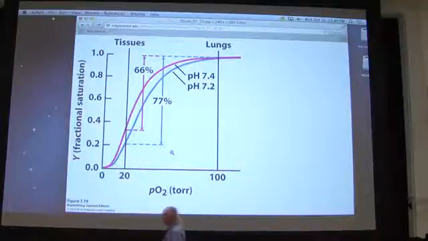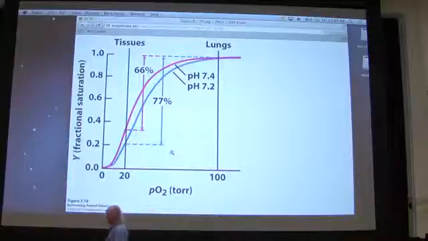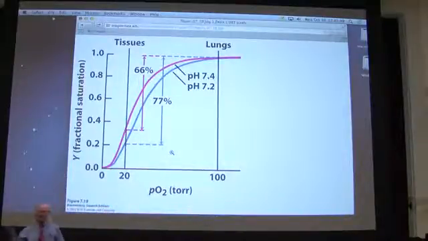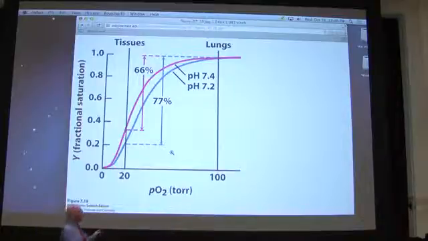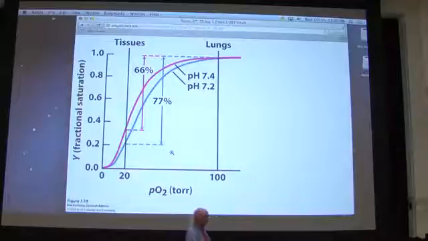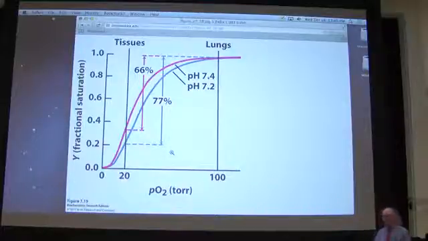And what do protons do? They lower the pH. So not only is 2,3-BPG there telling hemoglobin, let go of your oxygen, the protons are doing the same thing. This is reinforcing, again, hey, buddy, better give us some oxygen here or we're going to be in trouble. We need some oxygen.